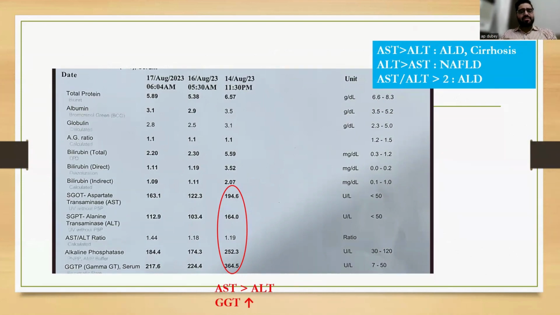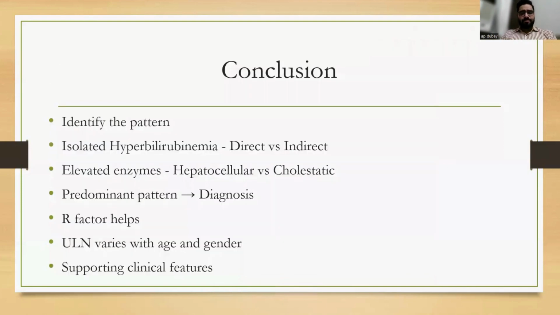Here the AST by ALT ratio is more than 1, but not more than 2. The differentiation between alcoholic fatty liver disease and non-alcoholic fatty liver disease is that in alcoholic fatty liver disease, AST is higher than ALT, whereas in non-alcoholic fatty liver disease, ALT is higher than AST.